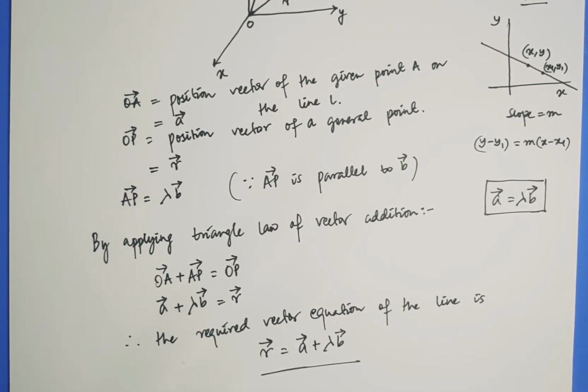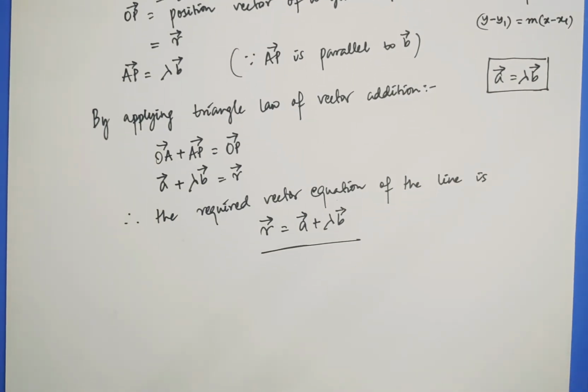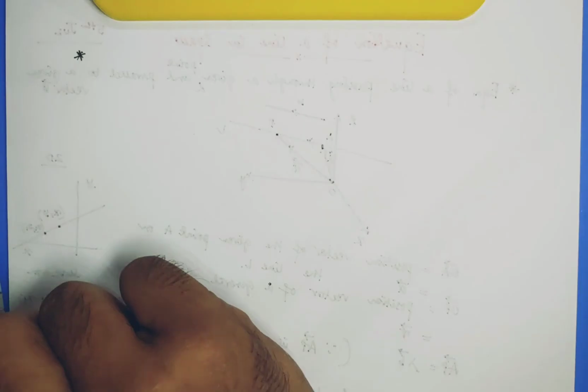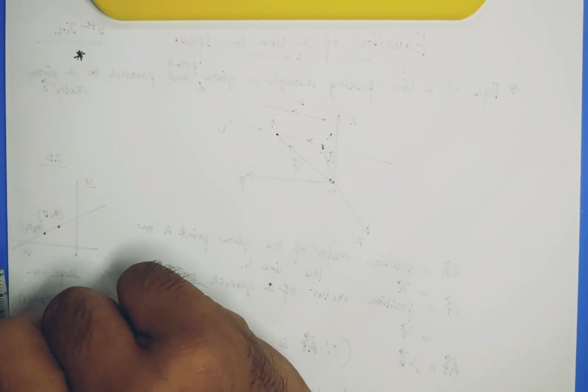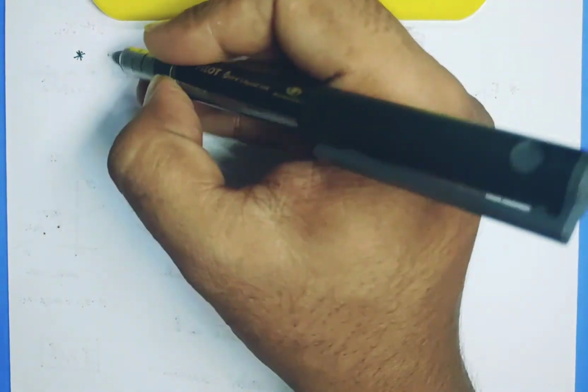Okay. Now we will try to derive the Cartesian equation of a line. What is Cartesian? We have heard of Cartesian coordinates, right? Cartesian coordinates means X, Y. Now here we are dealing with 3D, so it will be X, Y, Z. So we have already done the vector equation. Now we will be doing the Cartesian equation of the line.